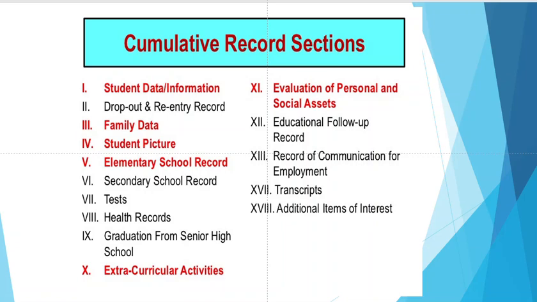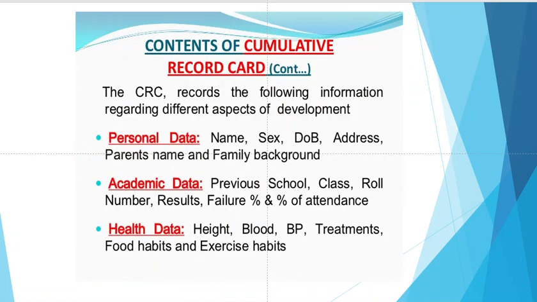So these are some parts or sections we can say for the cumulative record, and we collect the information on the basis of these and keep it in the different sections.